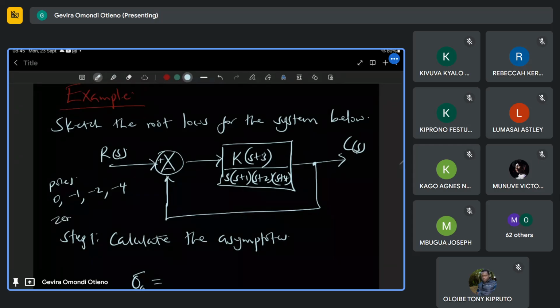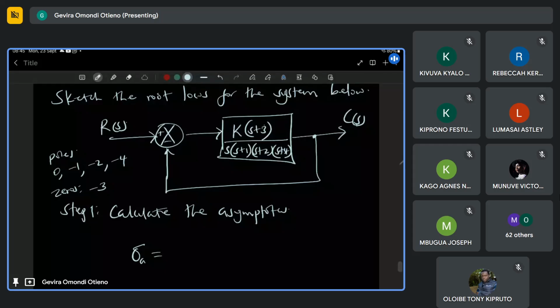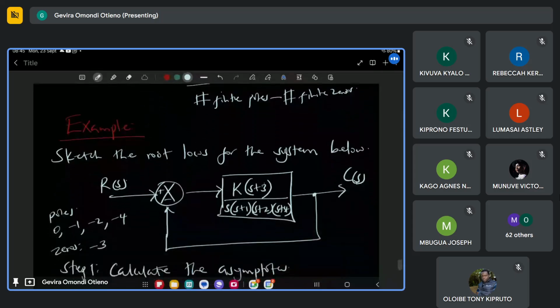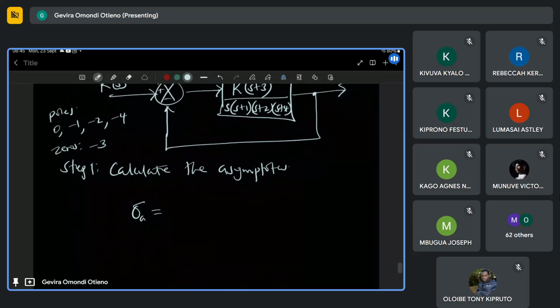And zeros, you only have 1, the finite one is at -3. So first you have to sum. It says sum of the finite poles. So what are we going to do? We are going to have -1. We are summing up all the poles, -2, -4. Of course, I am not putting the 0.